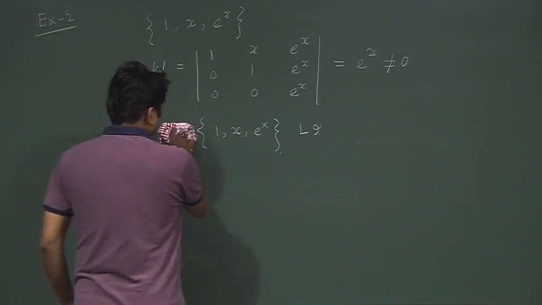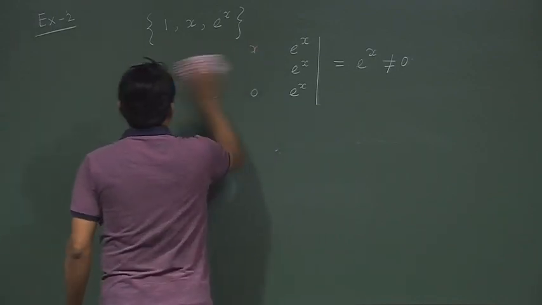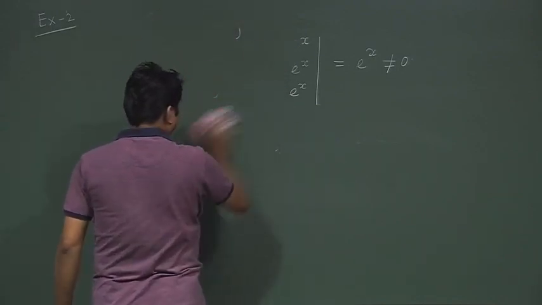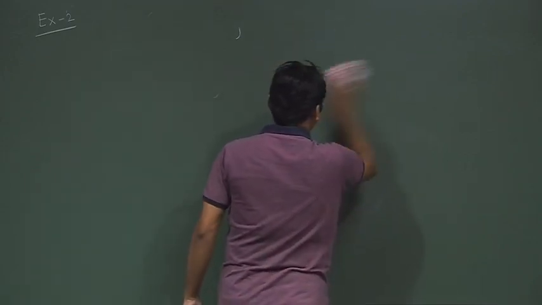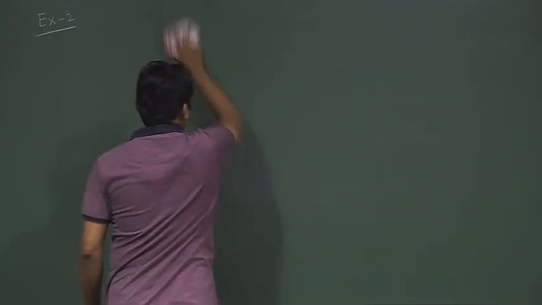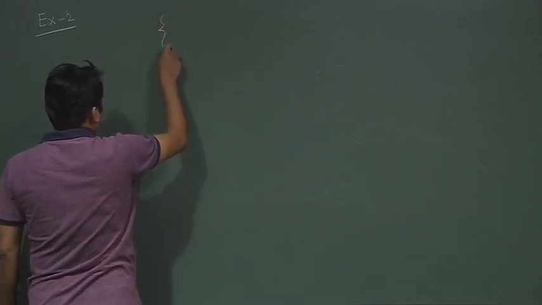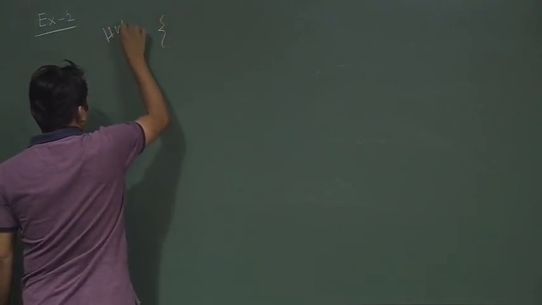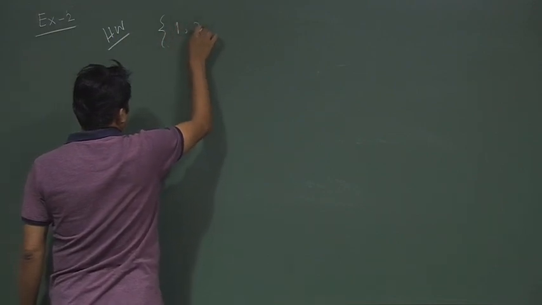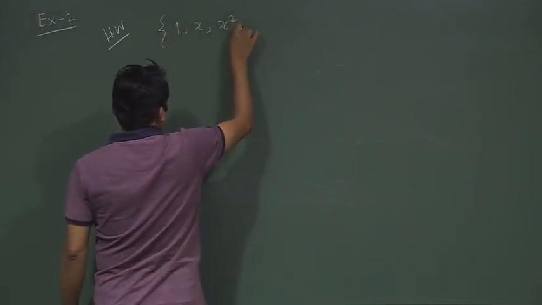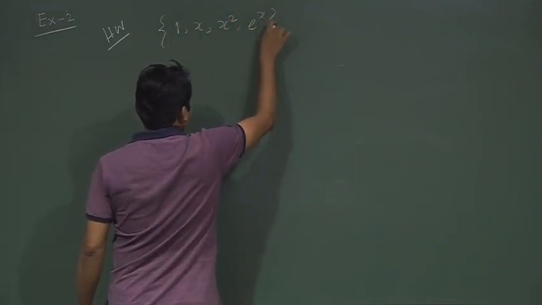So, now let us take another example. You need to practice this with different functions; I am taking only 3 functions. You can extend these functions. For example, you can try out this one, let me put it as homework: the functions 1, x square, e to the power x.